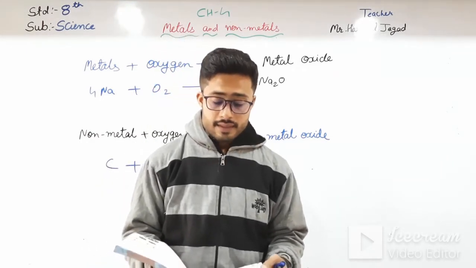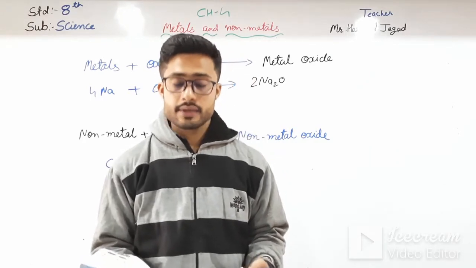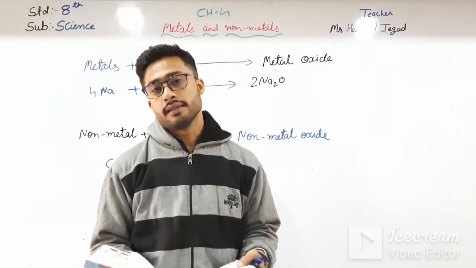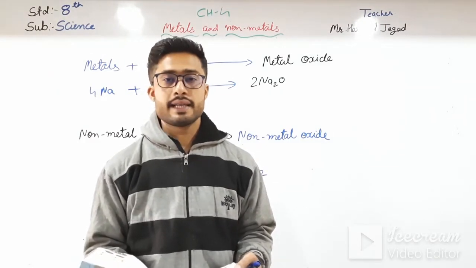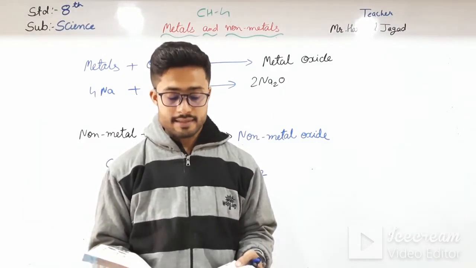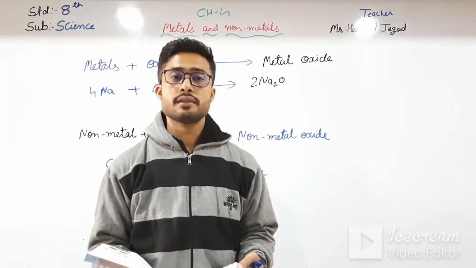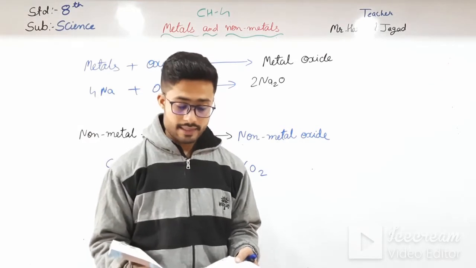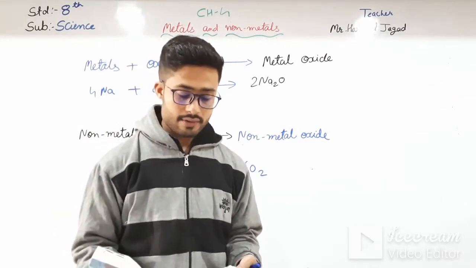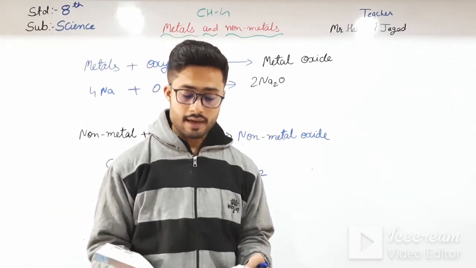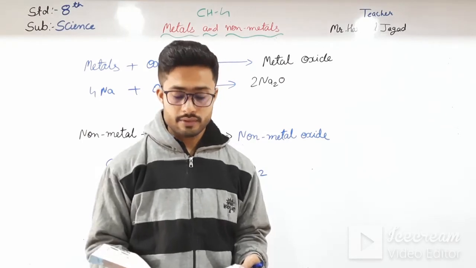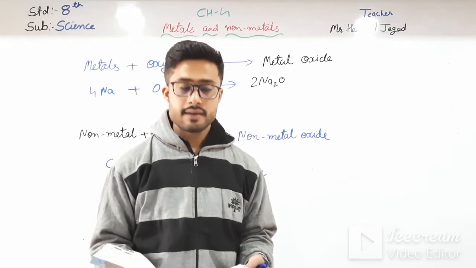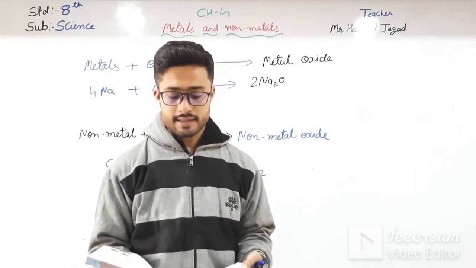So this means carbon dioxide and sulfur dioxide, the non-metal oxides, when dissolved in water, give us the acids: carbon dioxide plus H2O, we will get carbonic acid, that is H2CO3, and SO2 plus H2O, sulfur dioxide plus water, we get sulfurous acid.